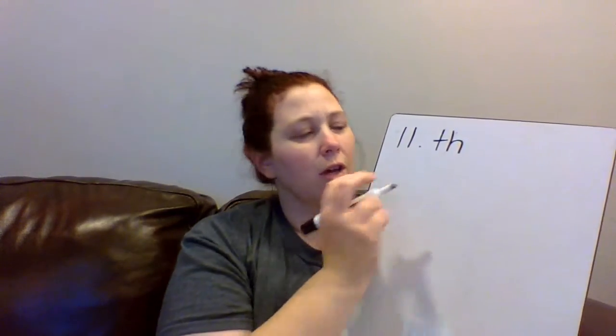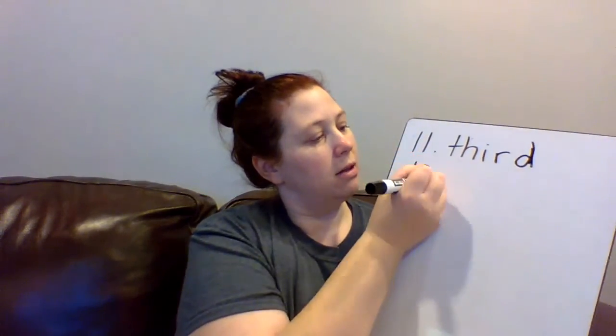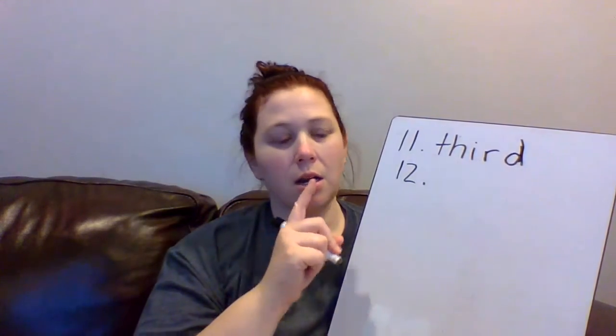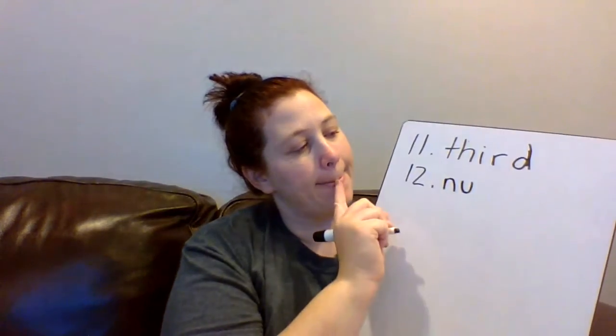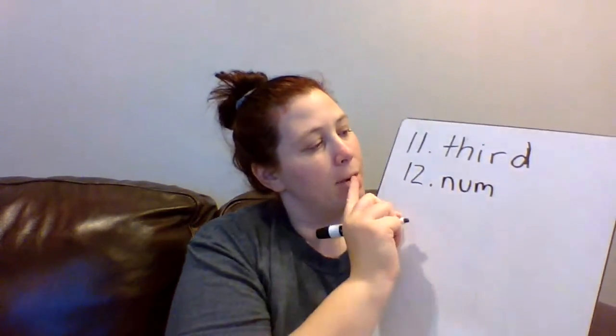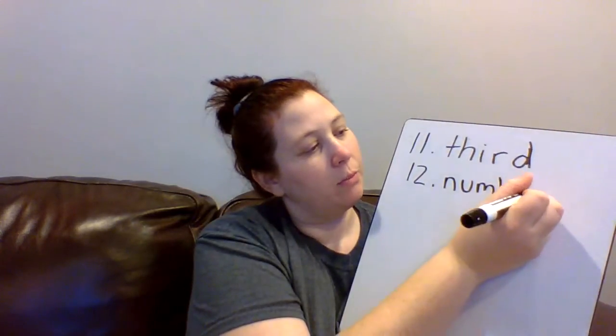We have TH. Then we have that sound that we're going to spell with IR and then D. Number 12, we're going to spell number. N, A, M, B, B, and then at the end of a word we spell ER.